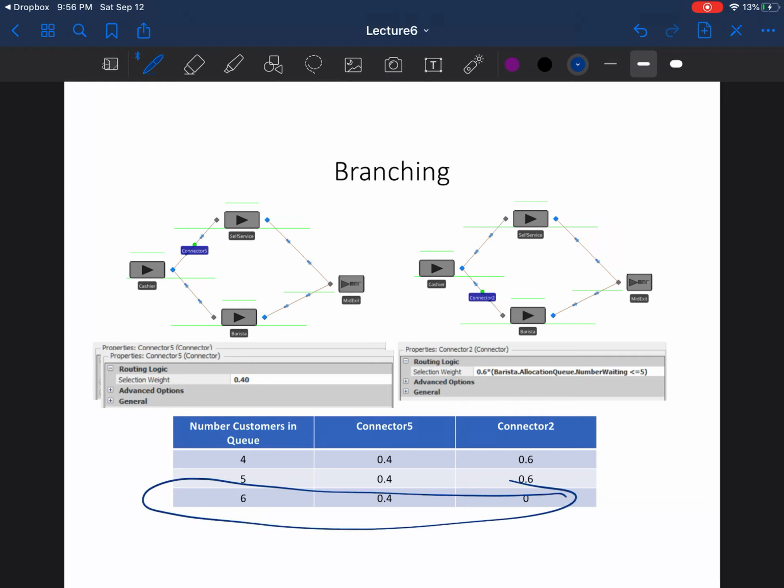The tricky thing to keep in mind is if there were 6 in queue, connector 5 would have a weight of 0.4, connector 2 would have a weight of 0, so every customer leaving the cashier would go to connector 5.